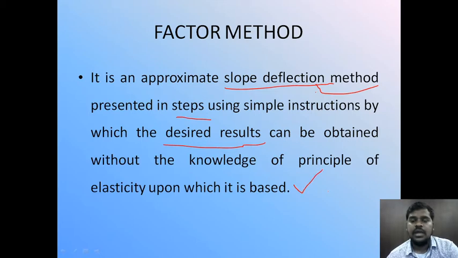So elasticity, we have the terms which are used in the slope deflection method already. Without having the knowledge of the principle of elasticity, we can find the desired results. That means it is a modification of the slope deflection method, but it is an approximate method for quicker results.